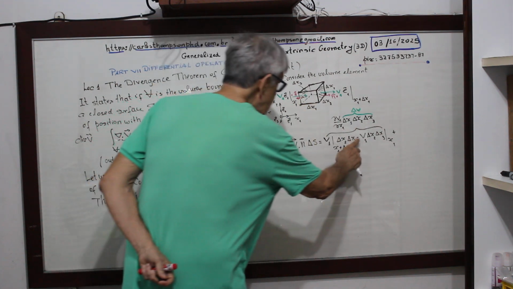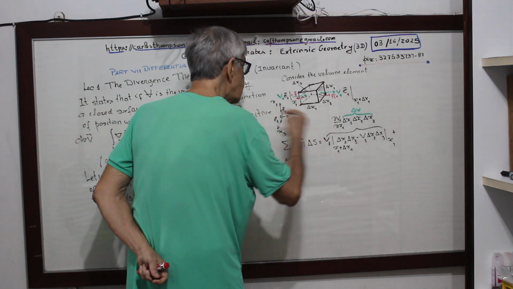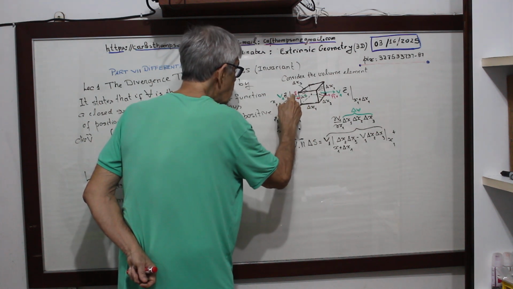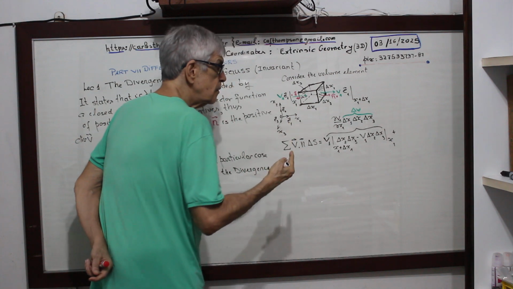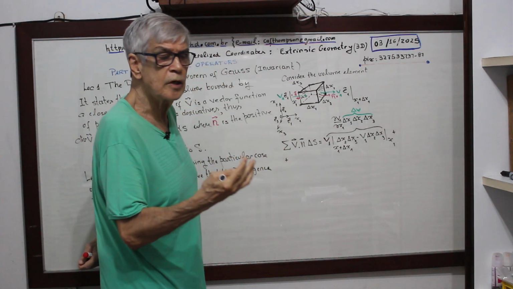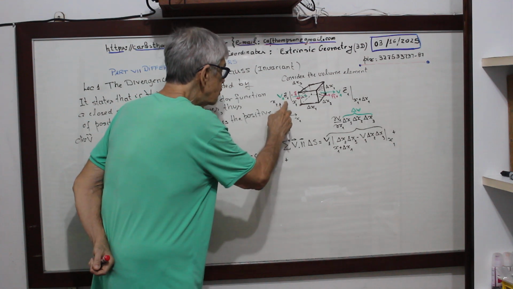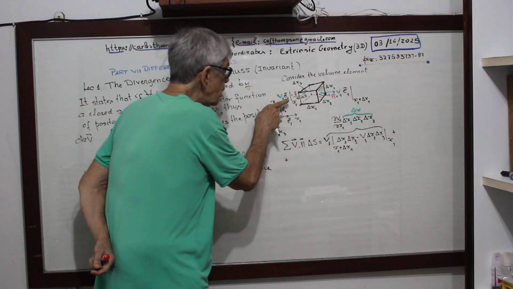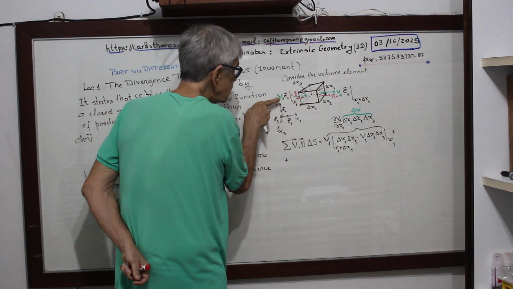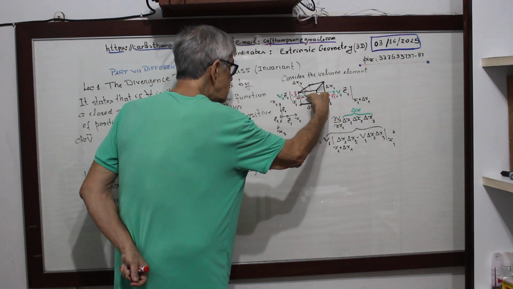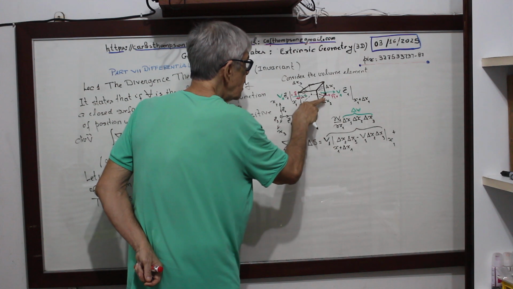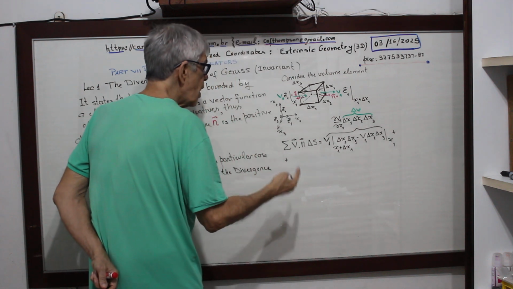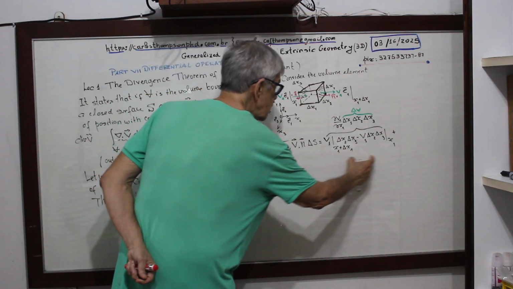But this sign here comes from the fact that n is outward. n dot U1 is negative because n is also a unit vector pointing outward, while U1 is pointing to the right. Here, the direction of n is the same as U1. That's why it's plus here and minus there.